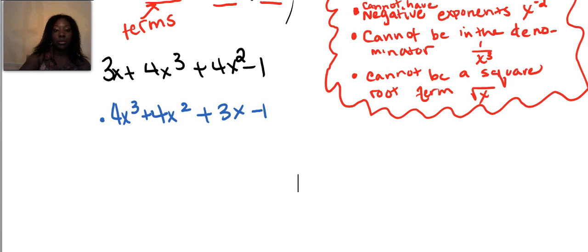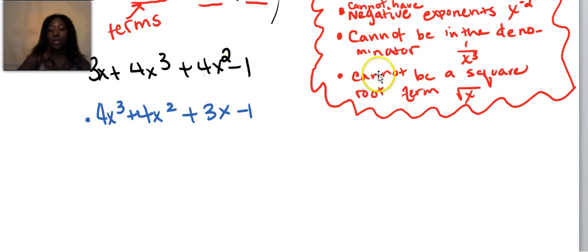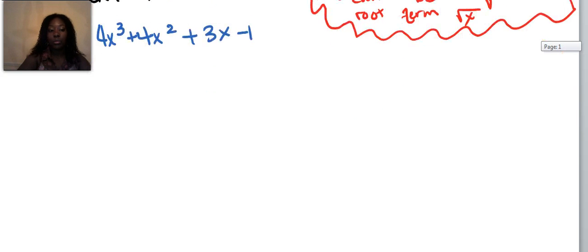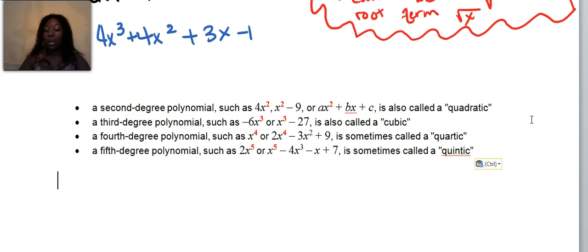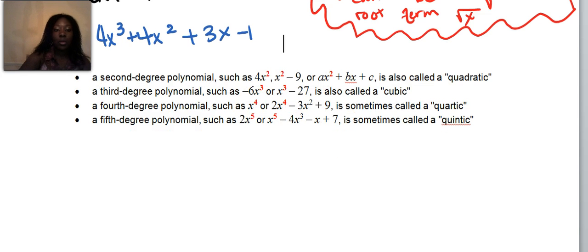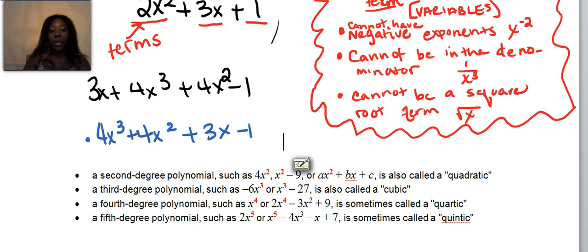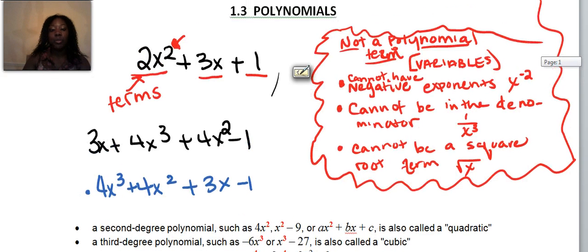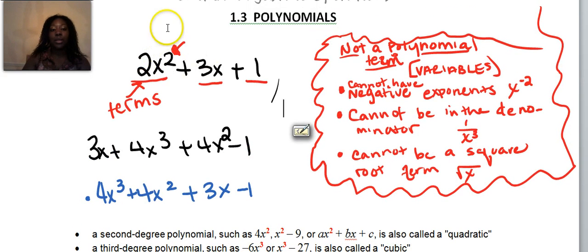And specific ones have names. Let me see if I can paste this. Here's a good resource that I have. The degree of a polynomial is the highest exponent. So for this previous example, this would be a second degree polynomial.